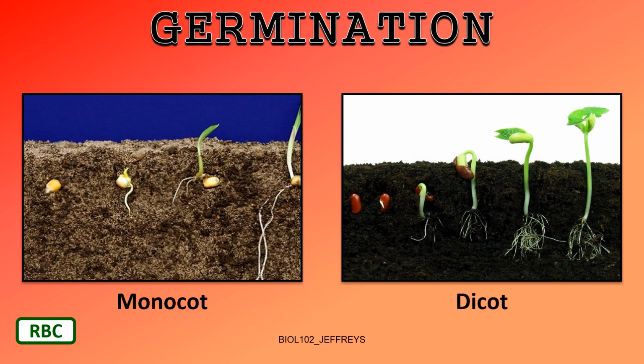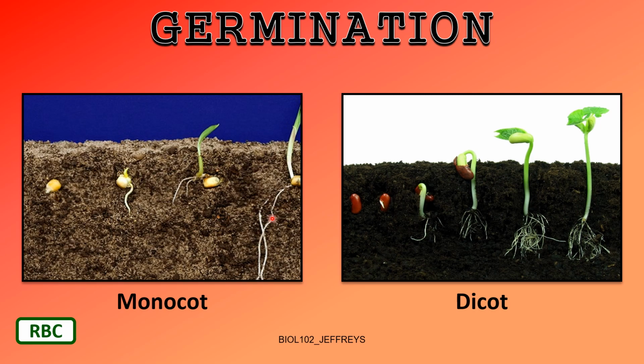Okay, and here's just a germination picture showing the germination of a monocot. This is corn. And there's your one cotyledon. And here's your dicot. This is your bean. And you see one cotyledon there. You can kind of see it there, and the other one tucked behind it, or your germ leaves.